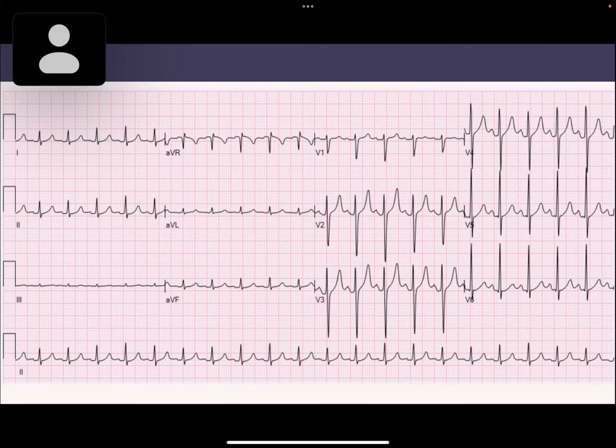So what are you going to use in reading the heart rate? The lower one, which we call the rhythm strip. Yes, the rhythm strip. So you're going to count the number of R waves. Do it and tell me what your answer is. If you could also help in the chat, that would be very helpful.